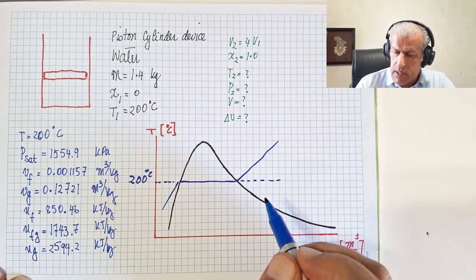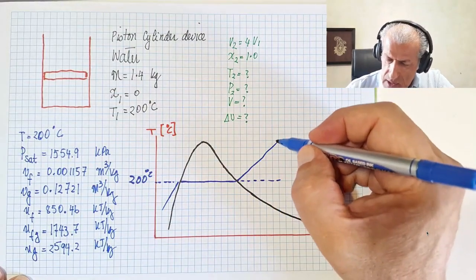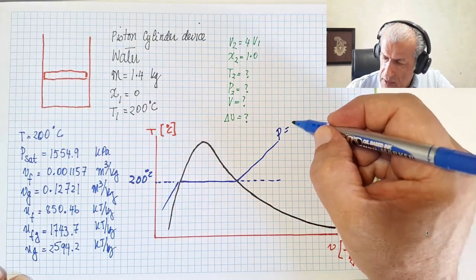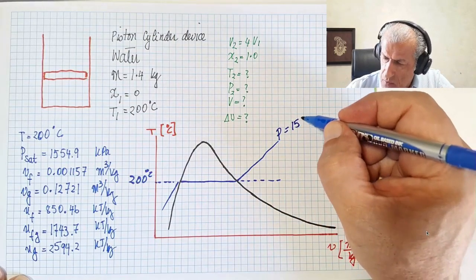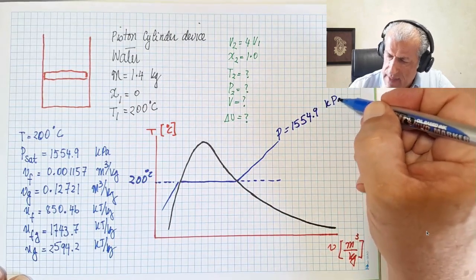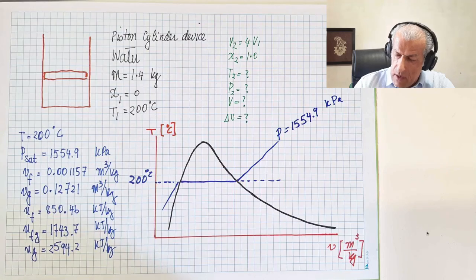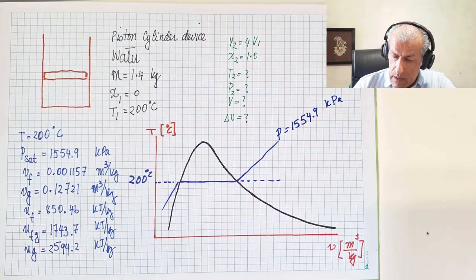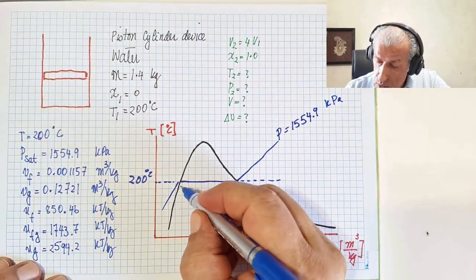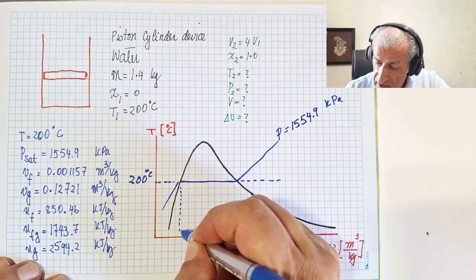It is 200 degrees C. Saturation pressure, this line, P equals 1554.9 kilopascal. And there are two points here that we should use. One is Vf.